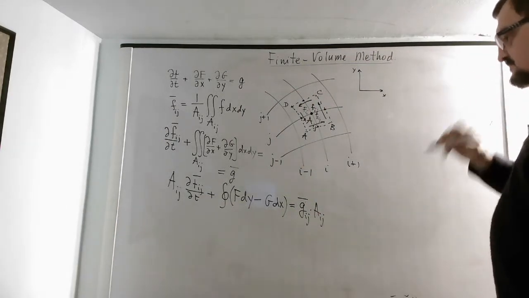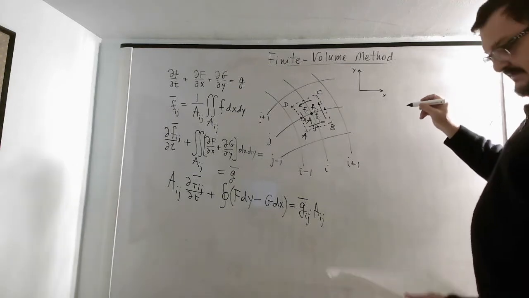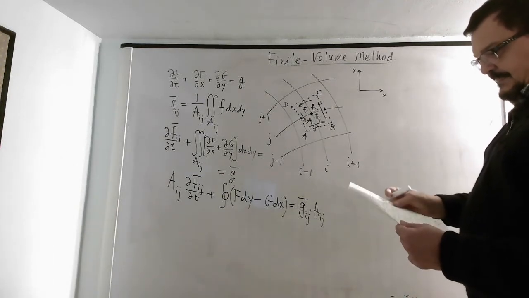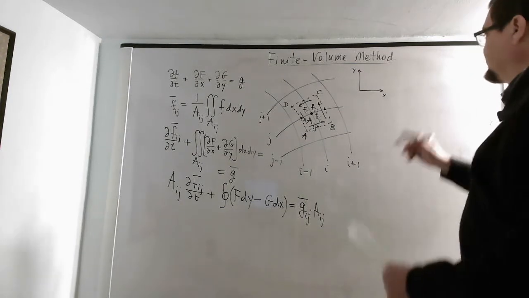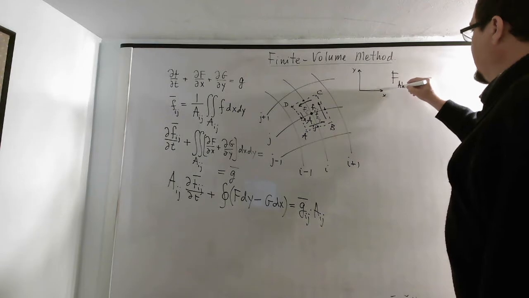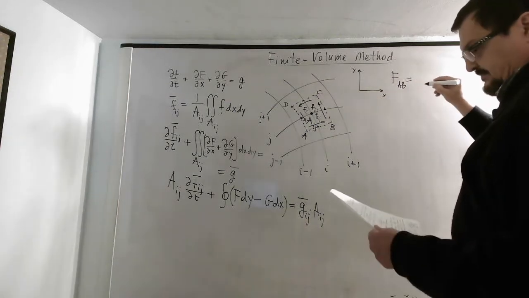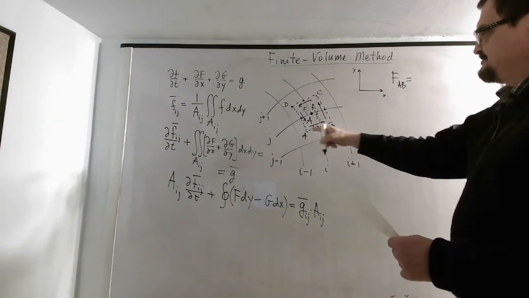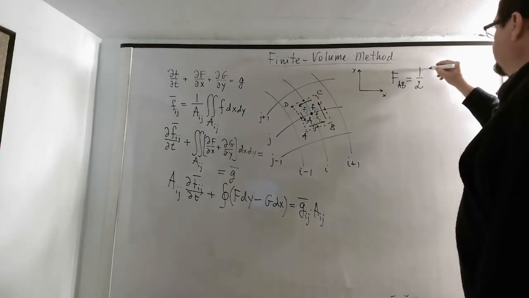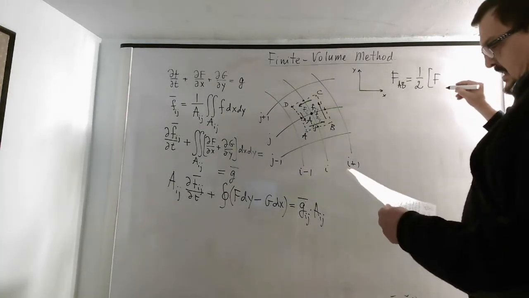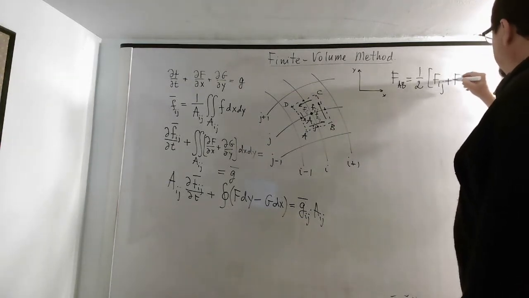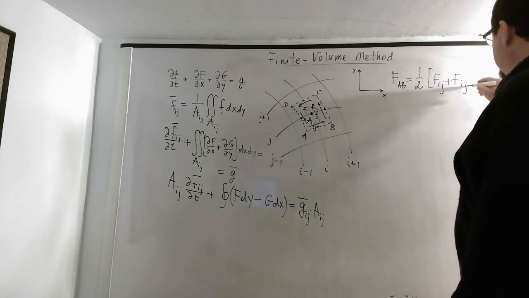So for simplicity, let's use just second order interpolation. In this case, you compute, for example, f along AB as simply constant everywhere, equal to the average, 1/2 of f_ij plus f_i,j-1.